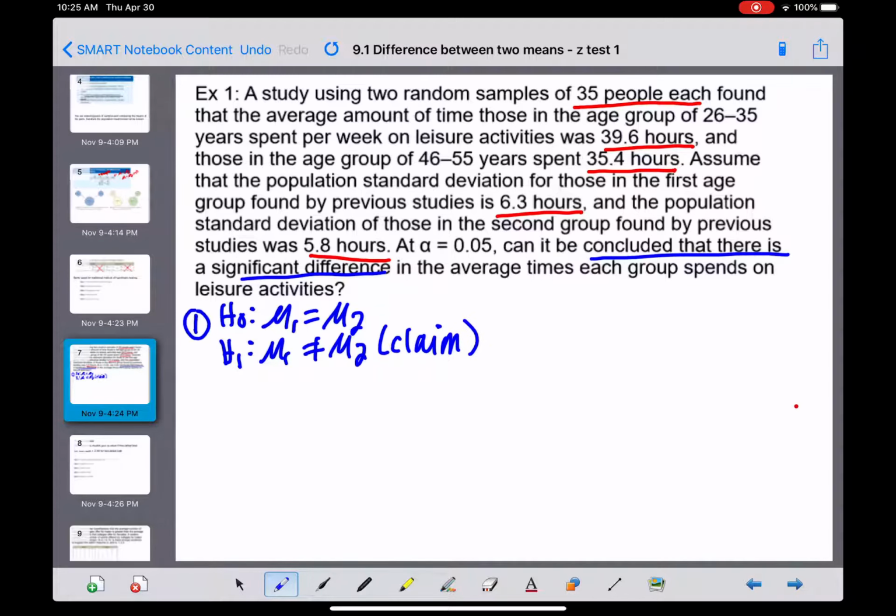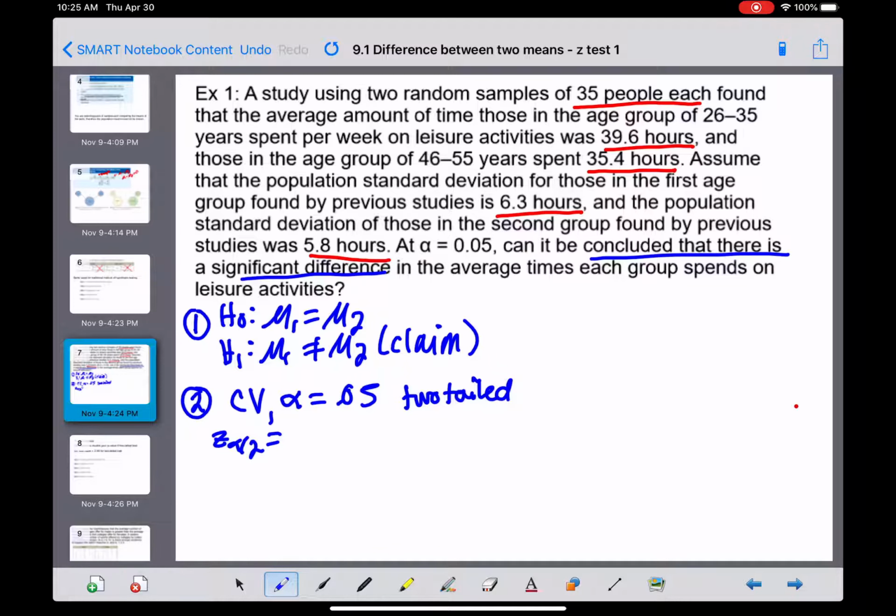because that's what we're trying to conclude. Okay, then step 2 is our critical value. This is a z value. Our alpha is 0.05. This is two-tailed, so we need our z sub alpha over 2 for our critical values.